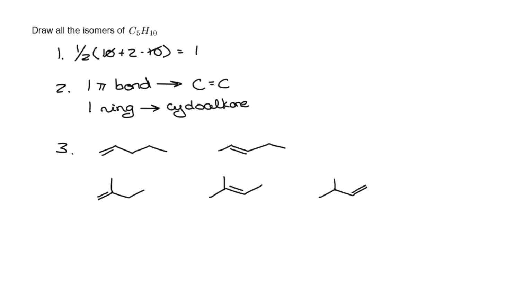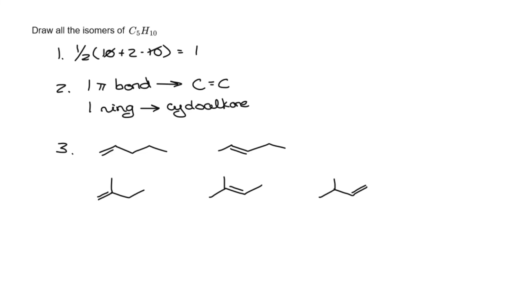Then let's try maybe a 3 carbon chain with 2 methyl branches, but that doesn't work because there's no place for the double bond. That's 5 bonds, too many. So you could also try maybe an ethyl branch, but that's the same skeleton as the previous row. So that doesn't work. So that's it for the alkenes then.